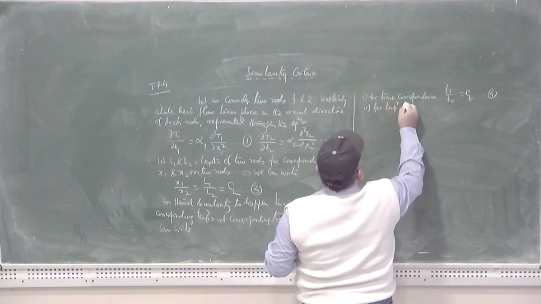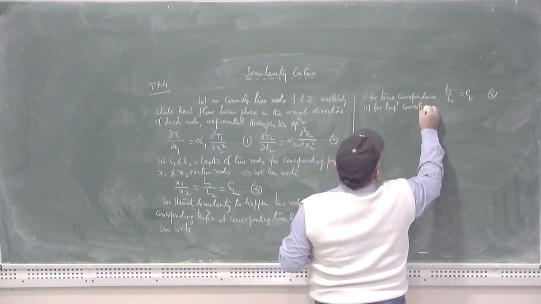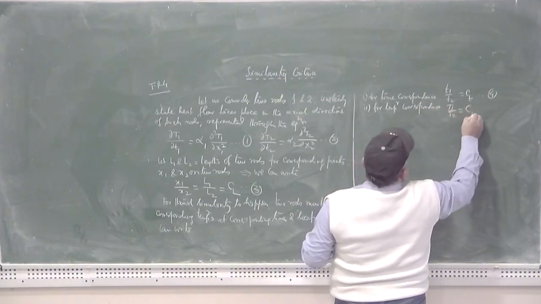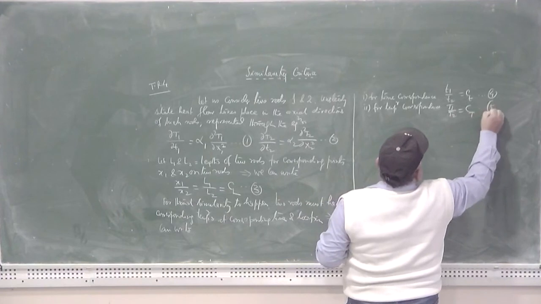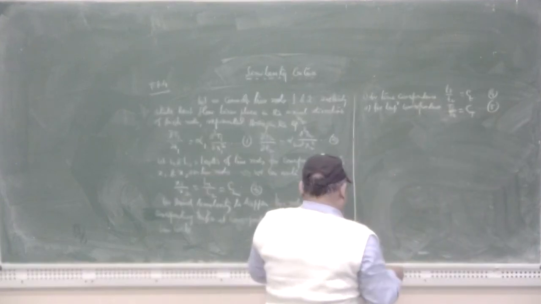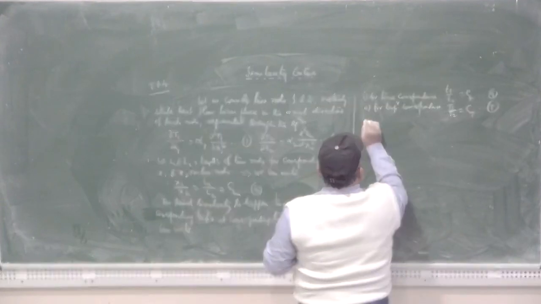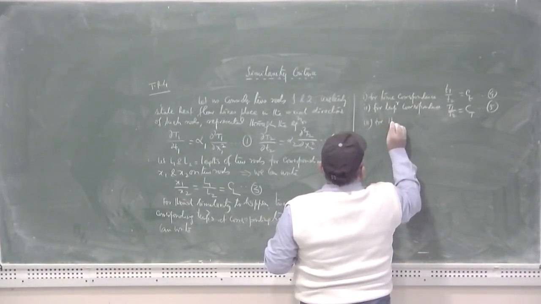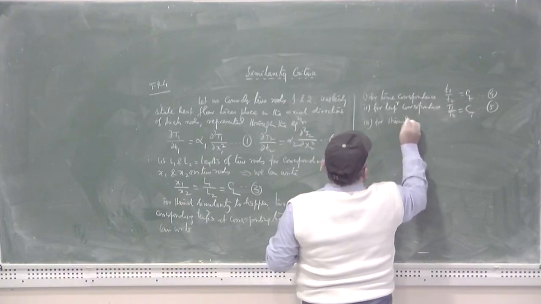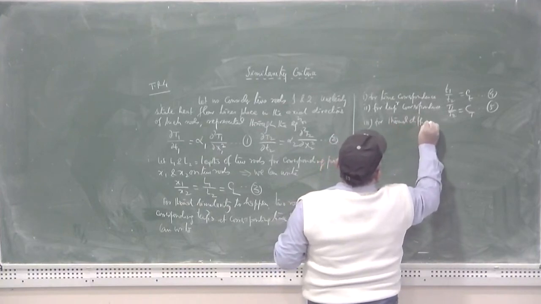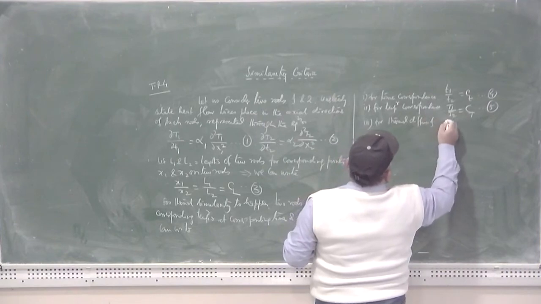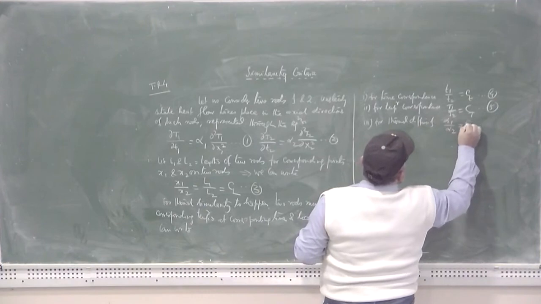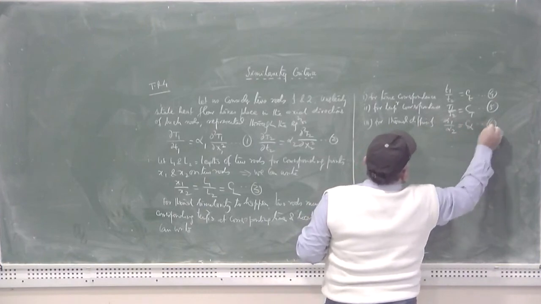For temperature correspondence, this T1 by T2 is equal to C capital T, equation number 5. And for thermal diffusivity, this should also correspond: alpha 1 by alpha 2 should be equal to C alpha.